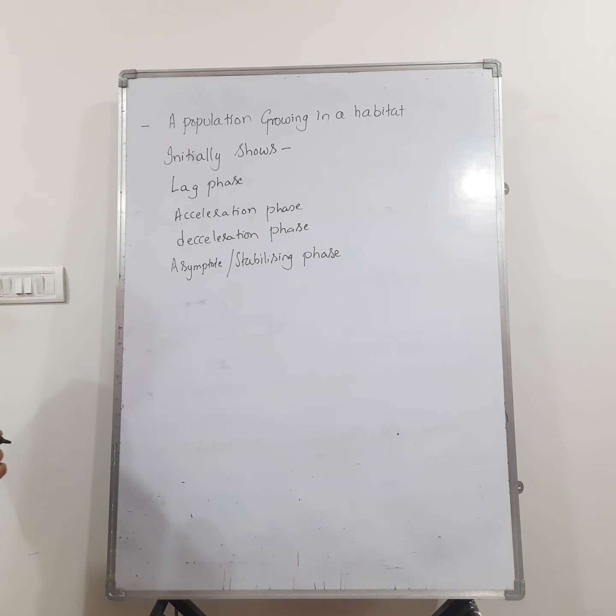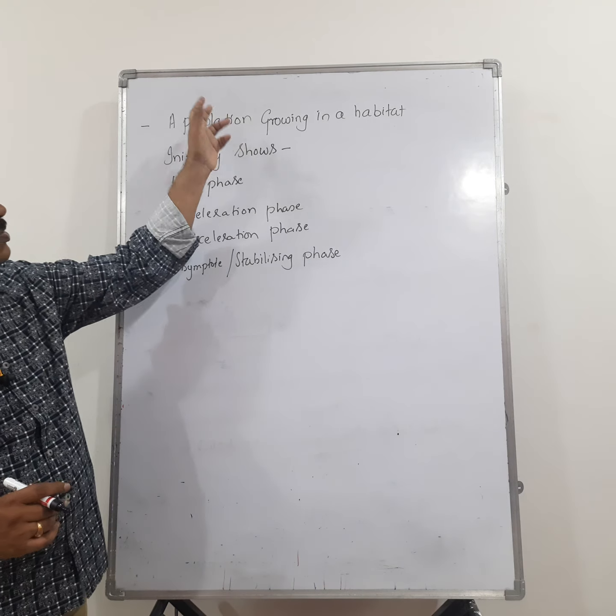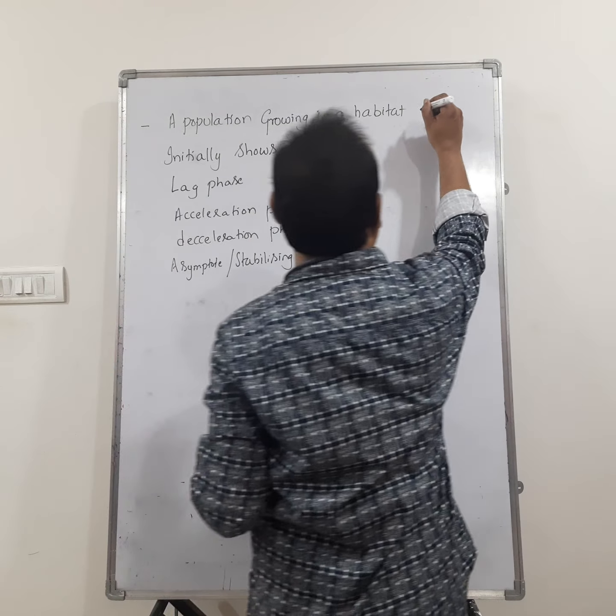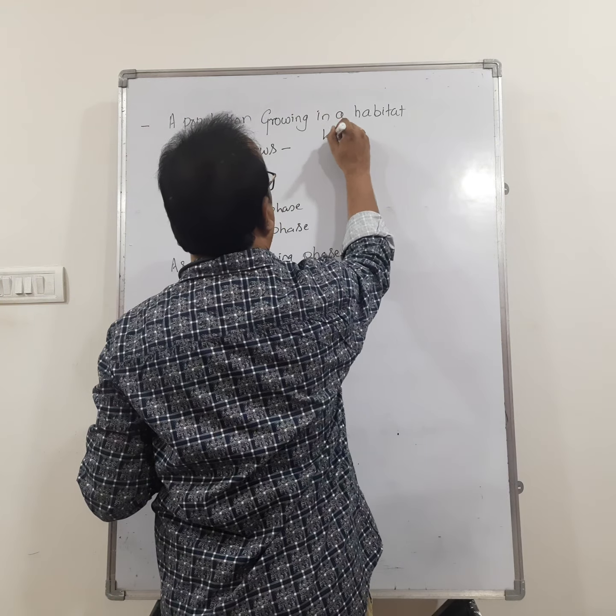I am using the words a population growing in a habitat initially shows. Here I missed one statement, that is, a habitat with limited resources.